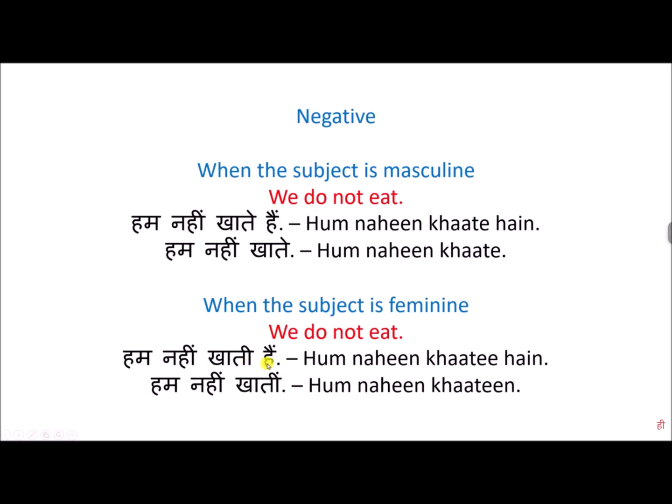Now, since we remove hain, to denote that this is plural, we add an e sound to the verb, and that is represented by a dot like this.